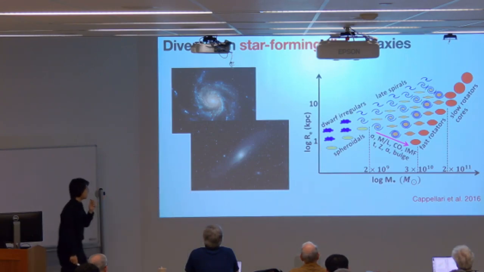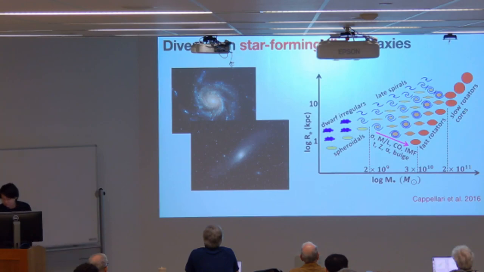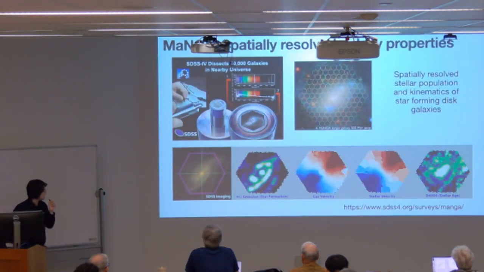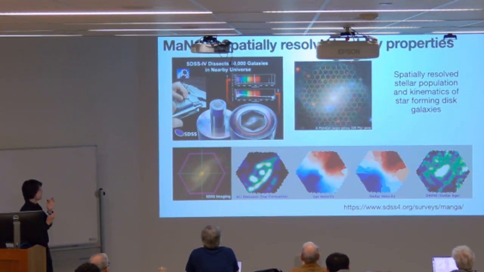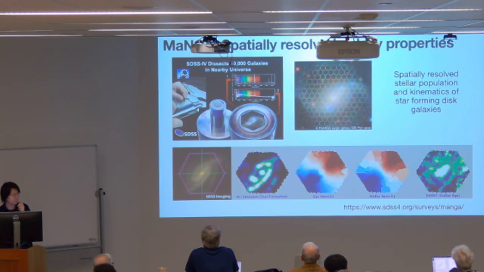With the progress of observations, the motivation of this work is to give a better and more complete description of galaxy properties distributed on the size-to-mass plane for these star-forming disk galaxies with the MaNGA galaxy samples.